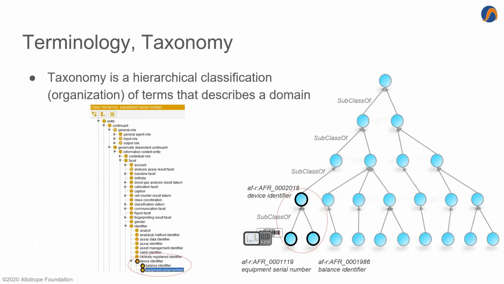The taxonomy is a hierarchical classification of terms that describe a domain. In this case, we see that the equipment serial number and the balance identifier are subclasses of the device identifier. And if we use the Protege tool to see the taxonomy tree, we can see that the balance identifier and the equipment serial number are subclasses of the device identifier.